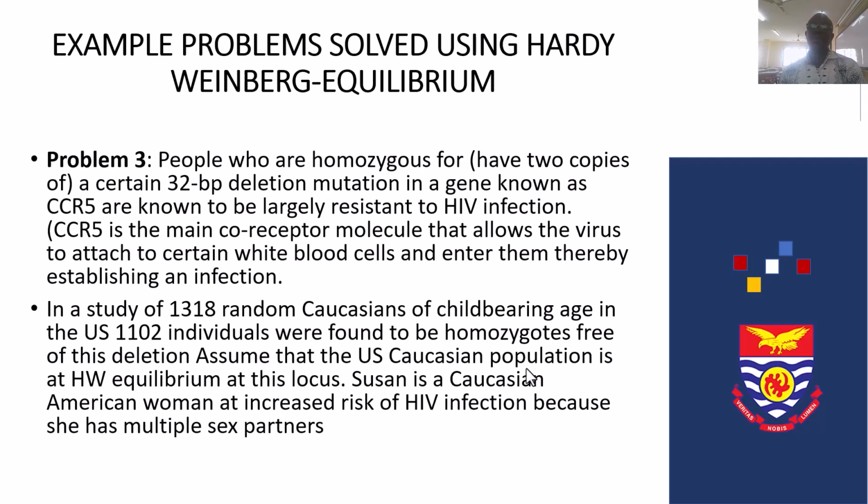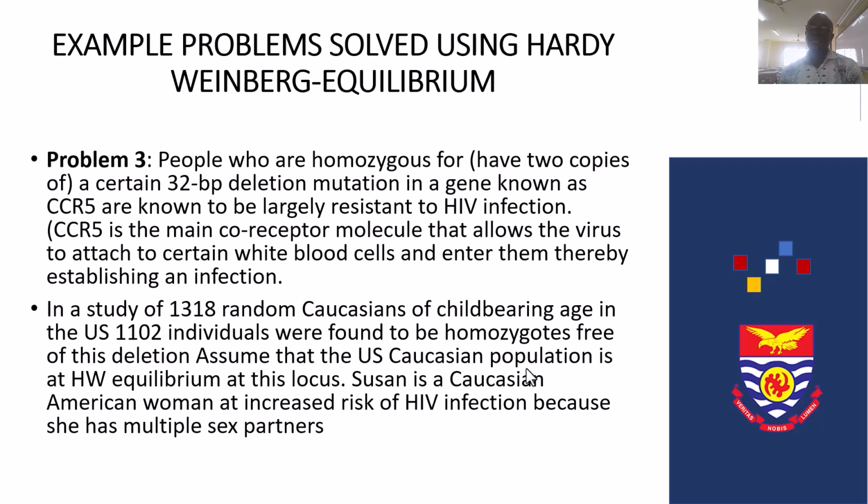Problem 3. People who are homozygous for having 2 copies of a certain 32 BP deletion mutation in a gene known as CCR5 are known to be largely resistant to HIV infection. CCR5 is the main co-receptor molecule that allows the virus to attach to certain white blood cells and enter them, thereby establishing an infection.